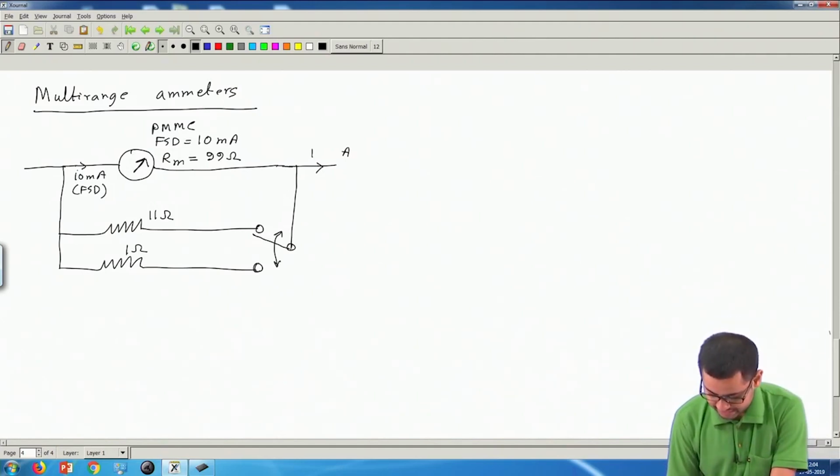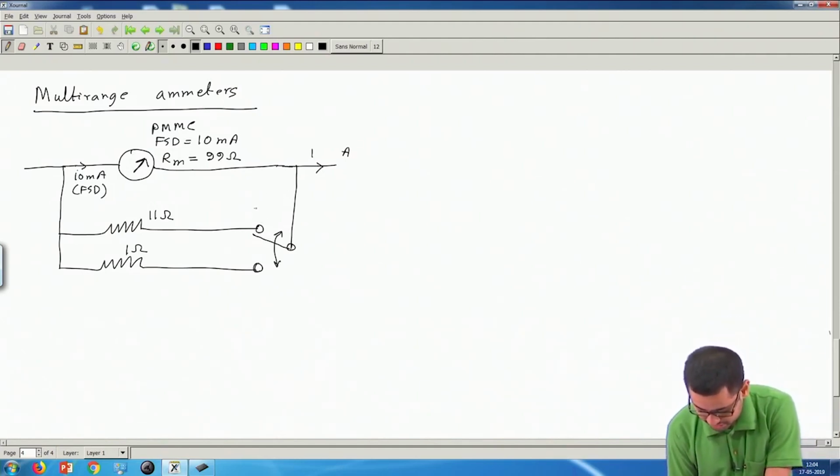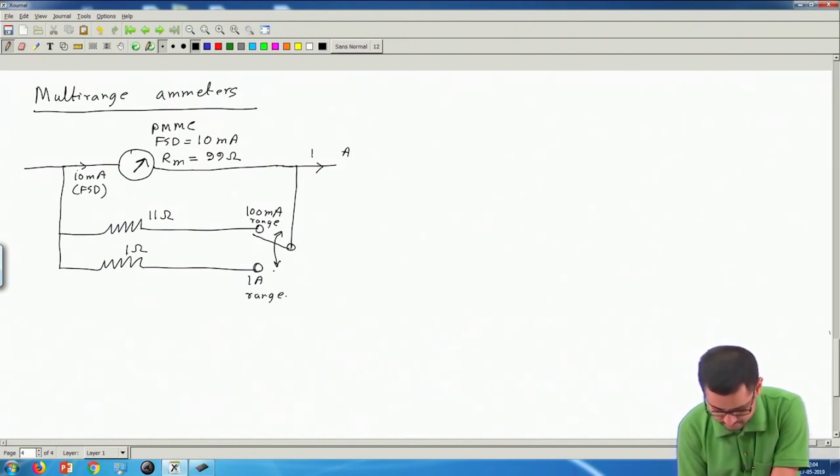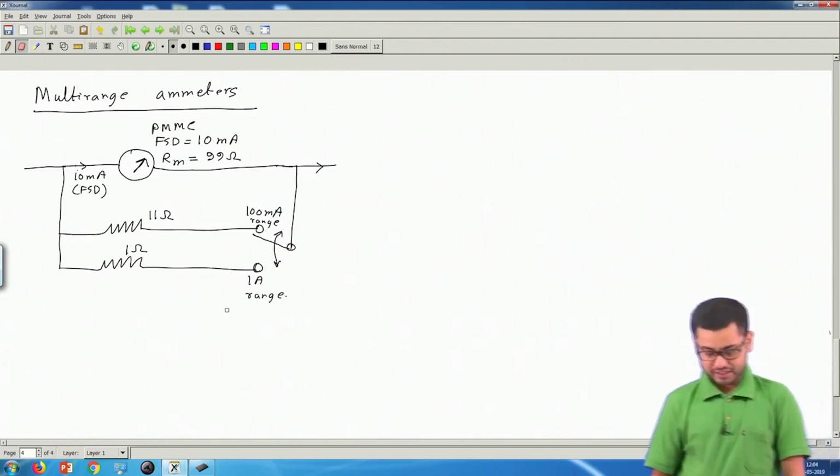So, if I connect it here, this point I mark as 100 milliampere range, and this position is for 1 ampere range. So, this is a multi-range ammeter.